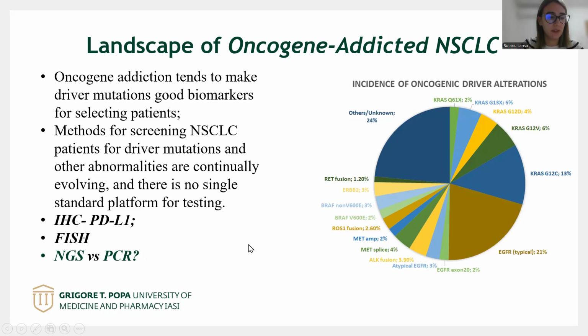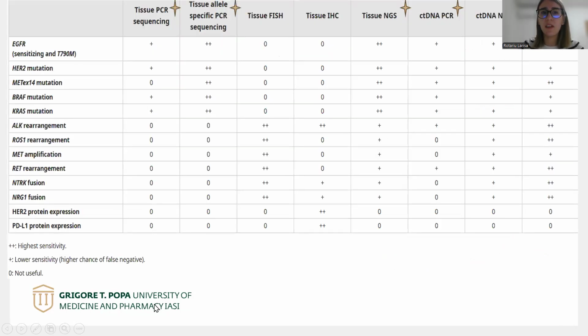But how do we choose? This is a table with the most common driver mutations. We can see the high sensitivity in some cases for both PCR and for NGS in tissue and in liquid biopsy.